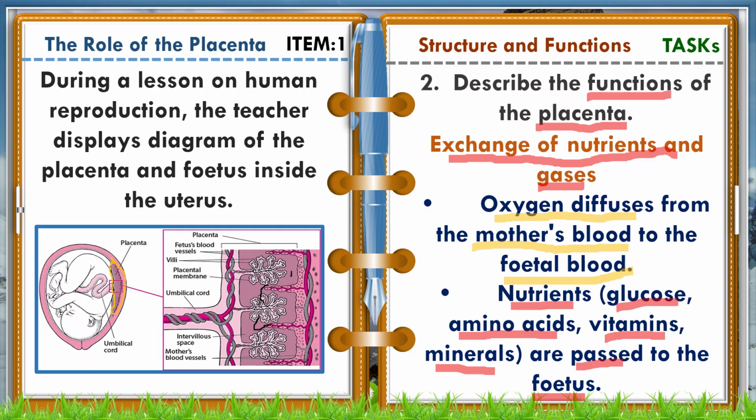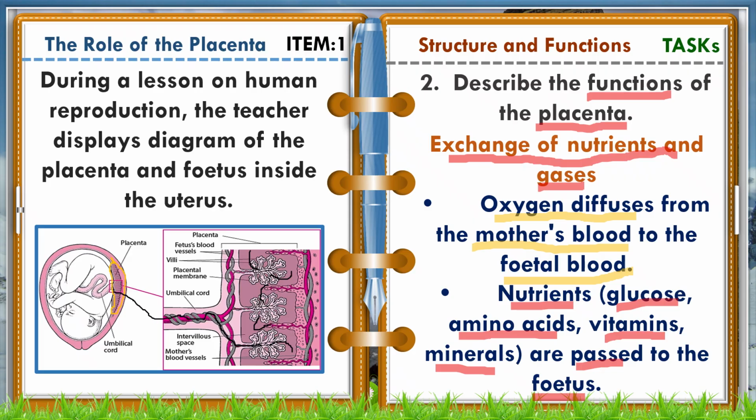And when they enter into the chorionic villi, inside there, they are going to find the blood capillaries of the fetus. And when they enter inside, now they will be absorbed. The nutrients will be absorbed into the blood vessels of the fetus, and they will be carried through the blood capillaries and taken to the fetus.